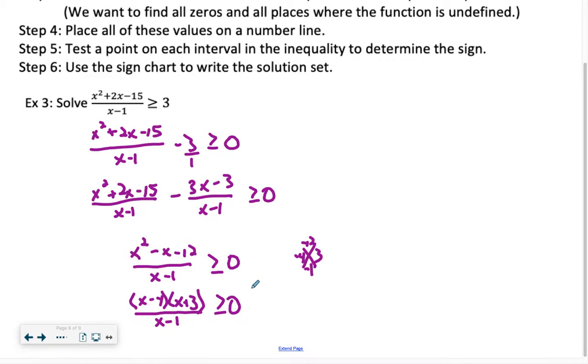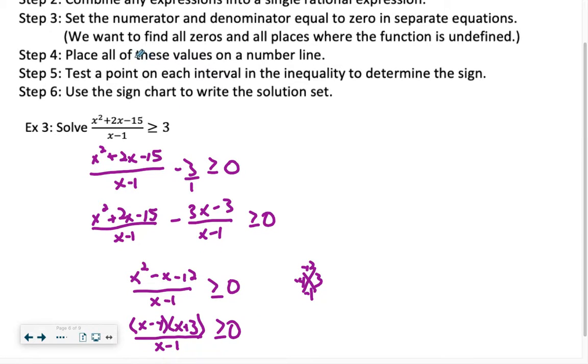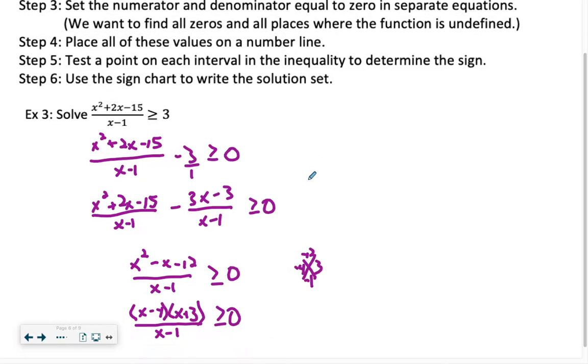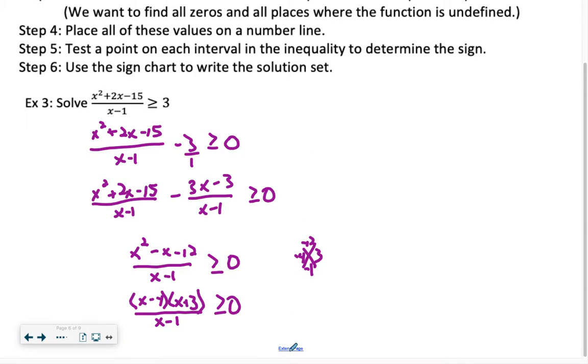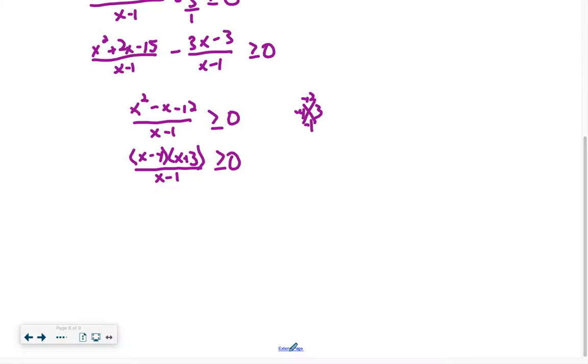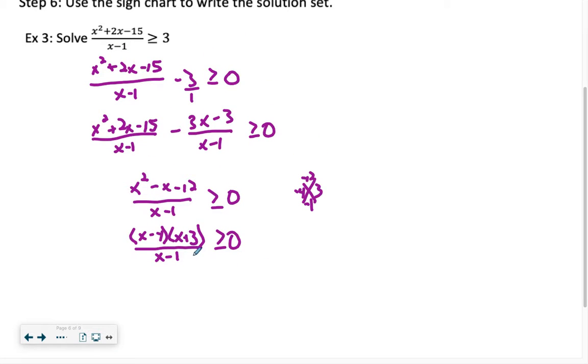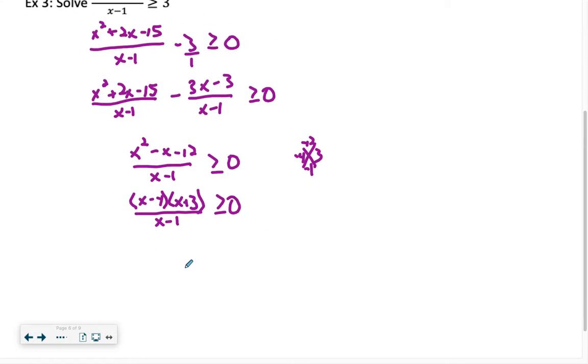So now, if I look back up at my steps, it says set the numerator and denominator equal to 0 separately. We want to find all the zeros and all the places where the function is undefined. So undefined would be wherever the denominator is 0.